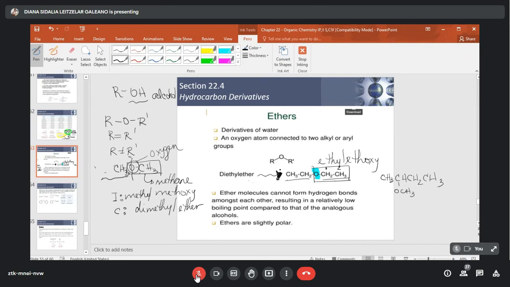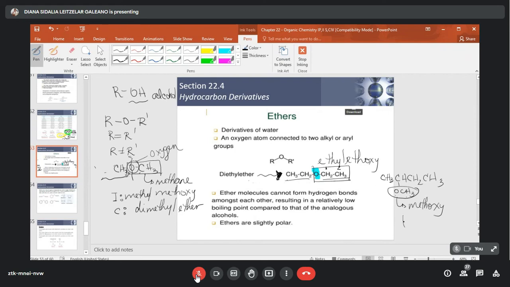In the example I recently wrote, we have a long chain of carbons, and this OCH3 acts as a substitute. Methane with oxygen is methoxy, acting as a substitute.